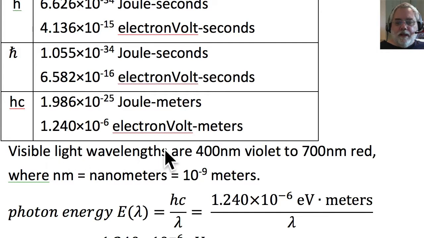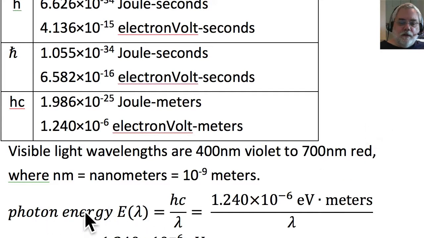Visible light wavelengths range from 400 nanometers for violet to 700 nanometers for red. Now, nano is 10 to the minus 9, so 400 times 10 to the minus 9 meters for violet. Violet is smaller wavelength, higher energy than red.